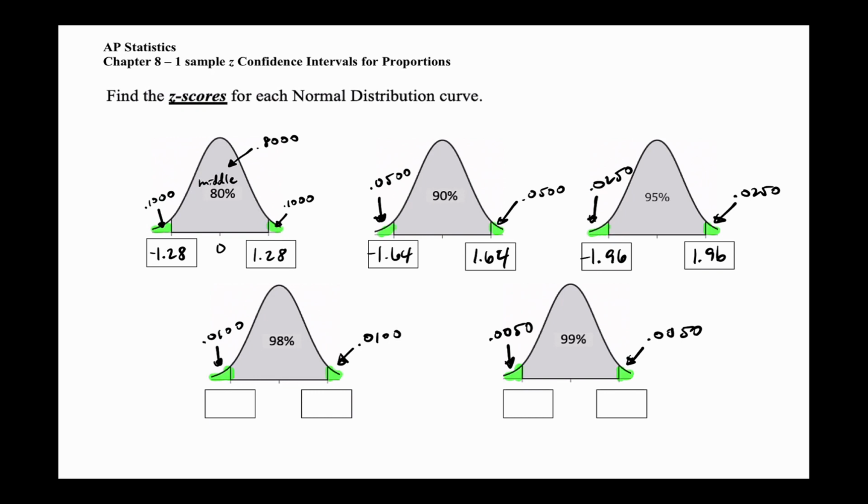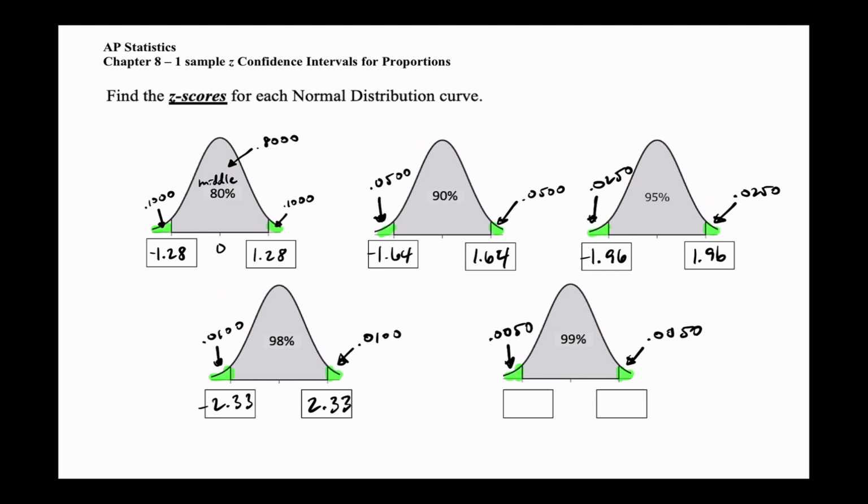Middle 98 means there's 1% in each tail. So 1%. The closest one, I think, is negative 2.33, positive 2.33. And then the last one, middle 99%, means there's a 0.5% in each tail.